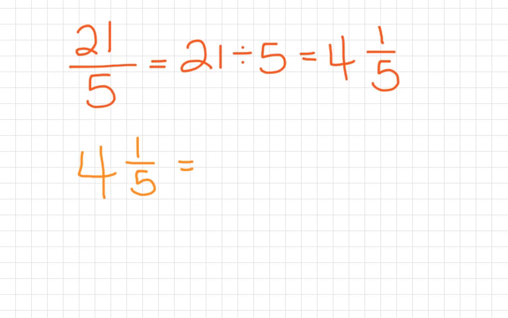So it would look like this. 5 times 4 is 20, plus this 1 is 21, and we still have the 5 as our denominator, so it would be 21/5.